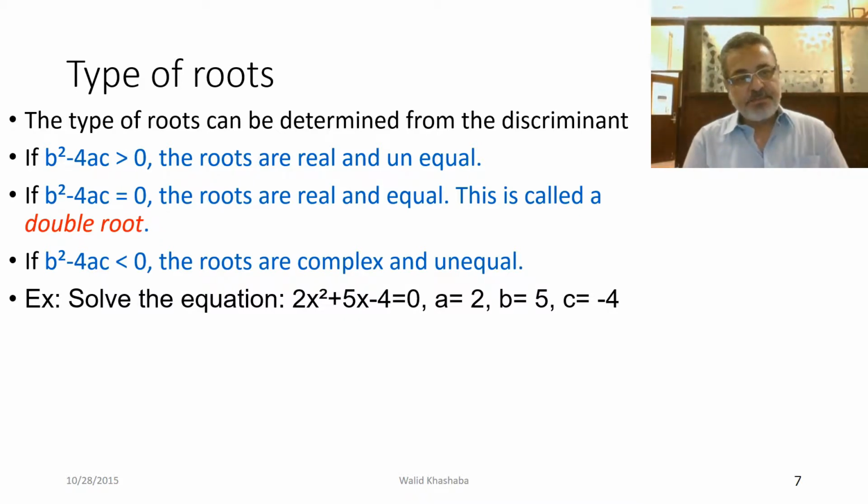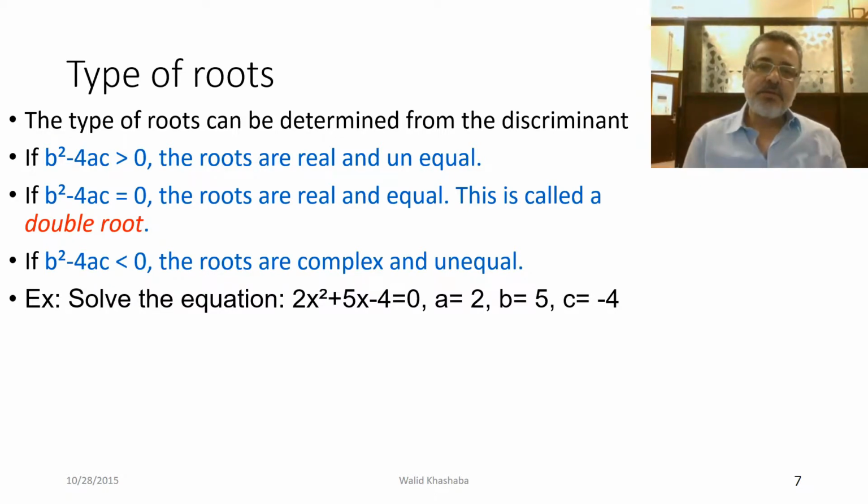Let's have an example. Solve the equation 2x squared plus 5x minus 4 equals 0. As you can see here, a is 2, b is 5, and c is negative 4. It's important to take the coefficient of x squared, the coefficient of x, and the constant with their signs.